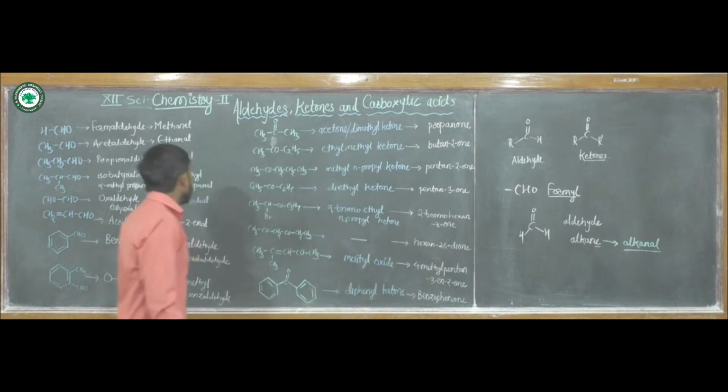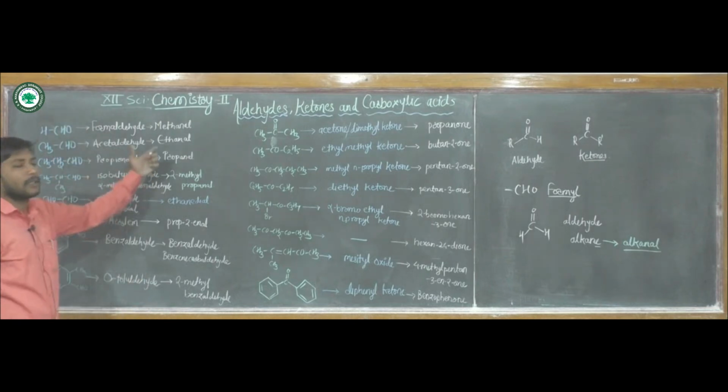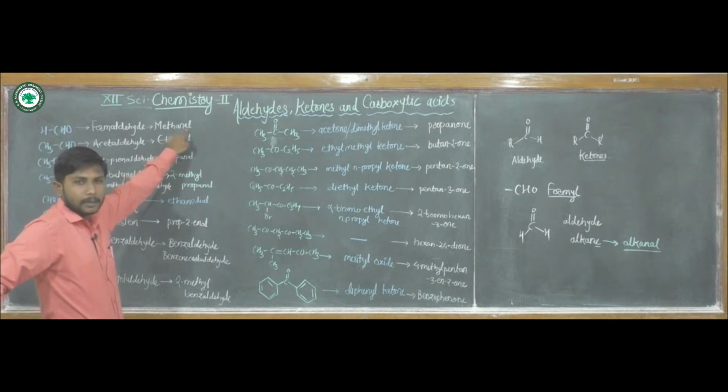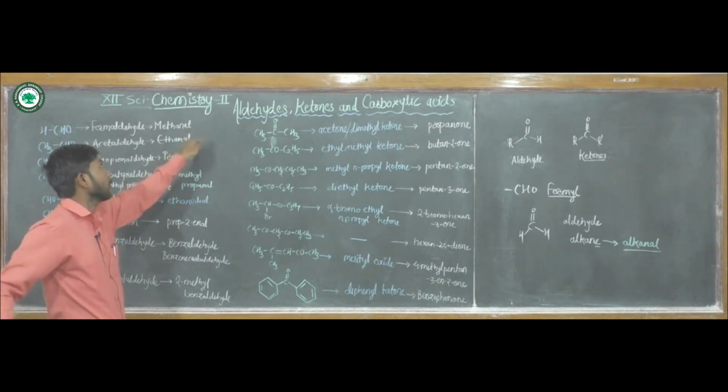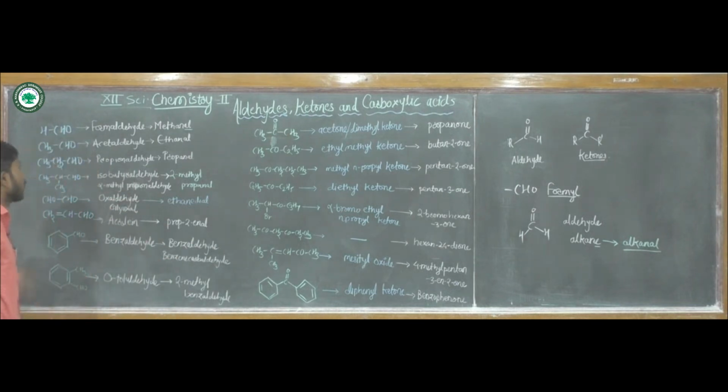Looking at the first example, formaldehyde, there is only one carbon atom, so the alkane is methane, and the E is replaced by the suffix Al, so the IUPAC name will be methanal. Likewise, in the second example, CH3CHO, where a methyl group is attached to the formyl group, the name will be acetaldehyde.